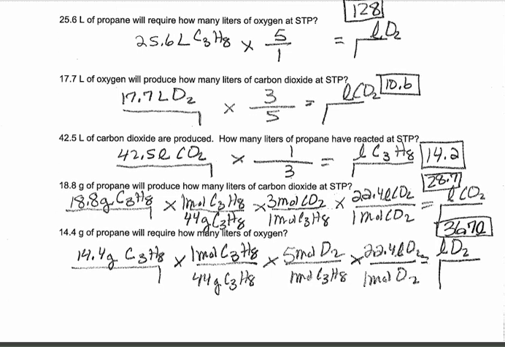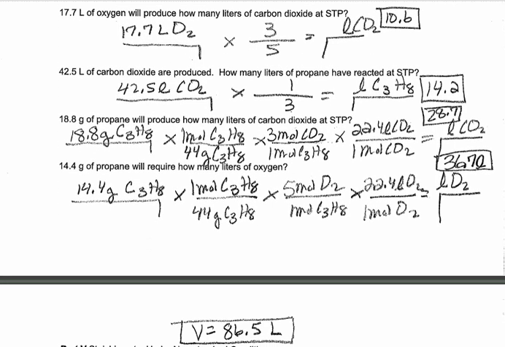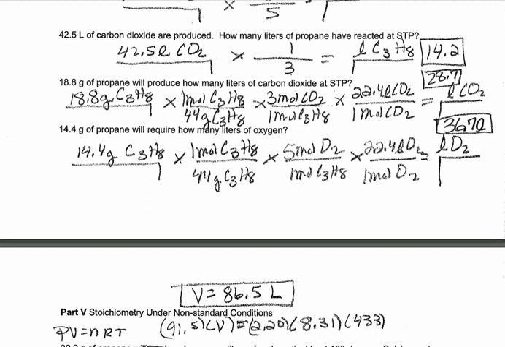Okay, now what if I'm going from grams to liters? 18.8 grams of propane will produce how many liters of carbon dioxide at STP? Now this is a 3-step question. First, I'm going to take my 18.8 grams of propane times 1 mole over its molar mass. 3 carbons and 8 hydrogens is 44. I'm going to multiply by the mole ratio from the chemical equation.